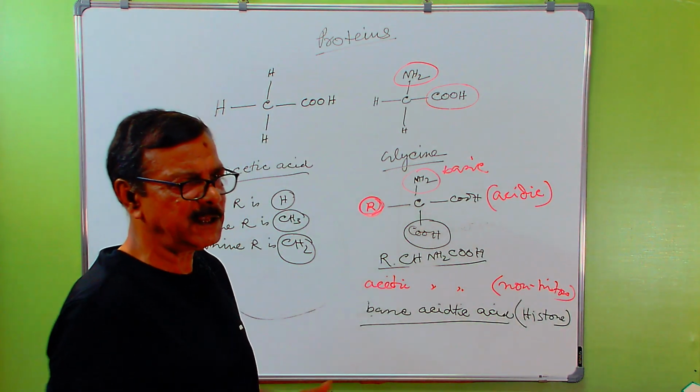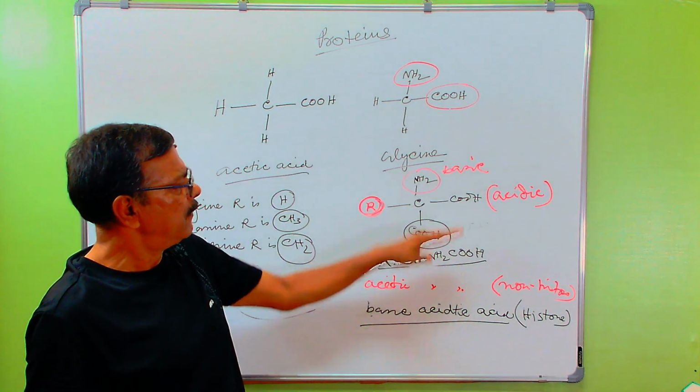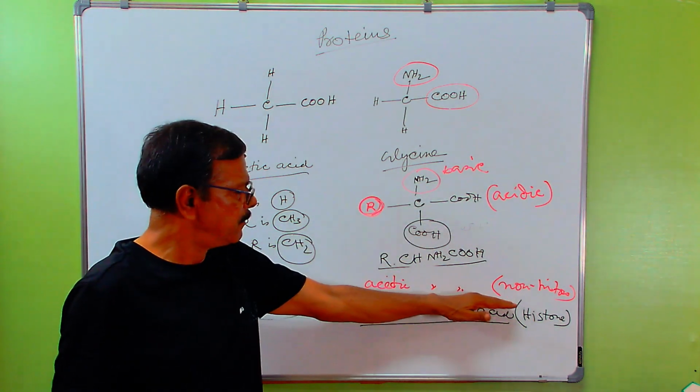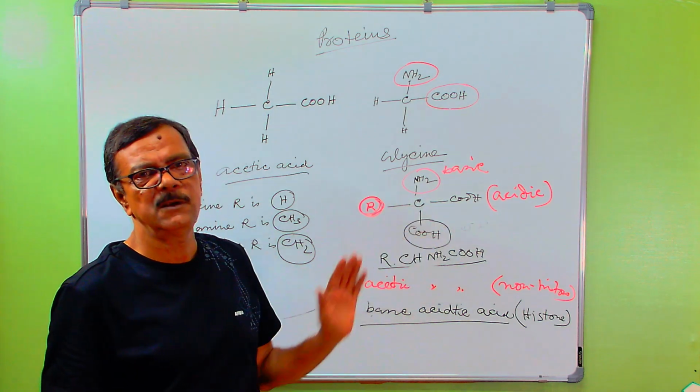Sometimes a question may come, what is histone protein, what is non-histone protein? Histone proteins have one additional amino group or basic group, and non-histone proteins are having more than one COOH group.